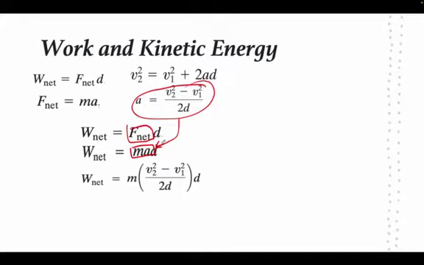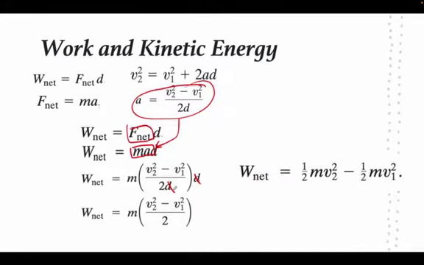Then simplify what we can, and we get this, right? And what we can simplify is, of course, cancel the displacement. Then we expand and we get something very important, which is this formula right here. So net work is equal to 1/2 m v final squared minus 1/2 m v initial squared.